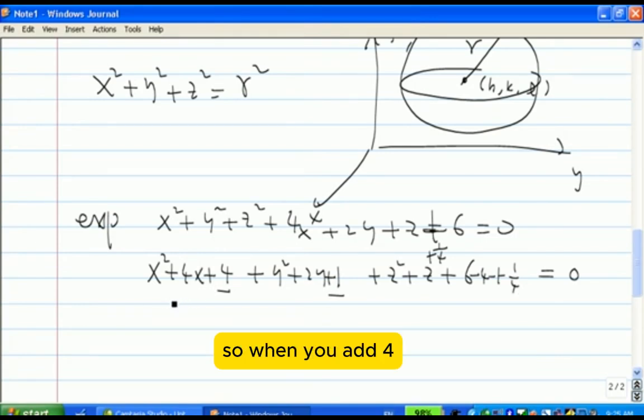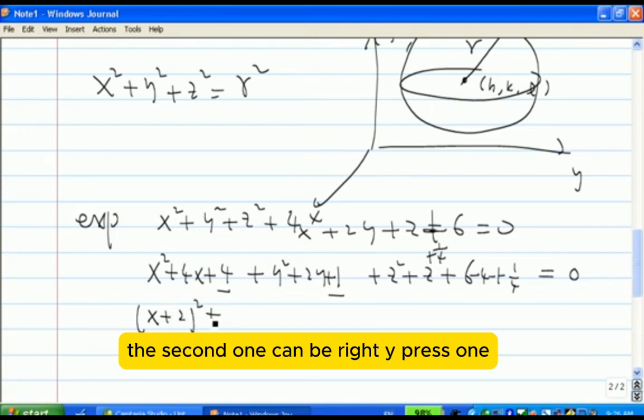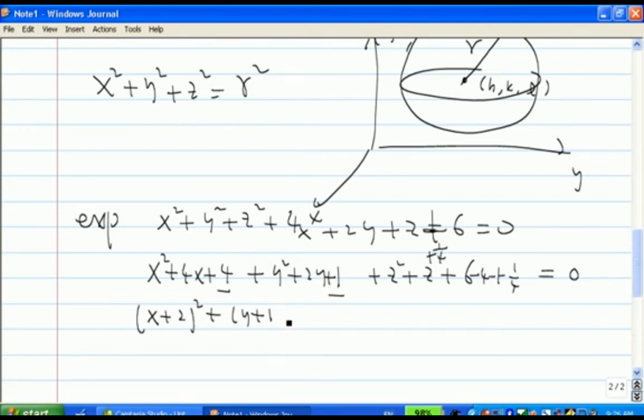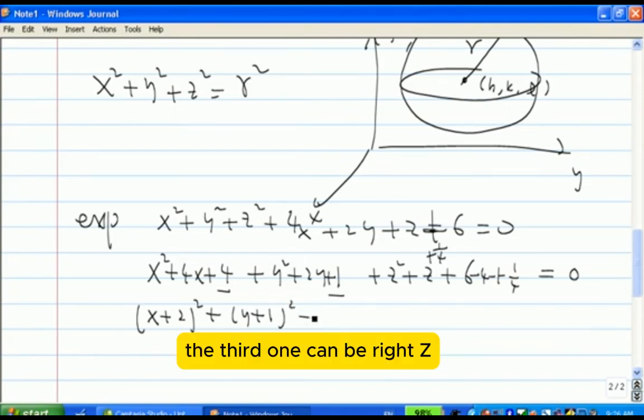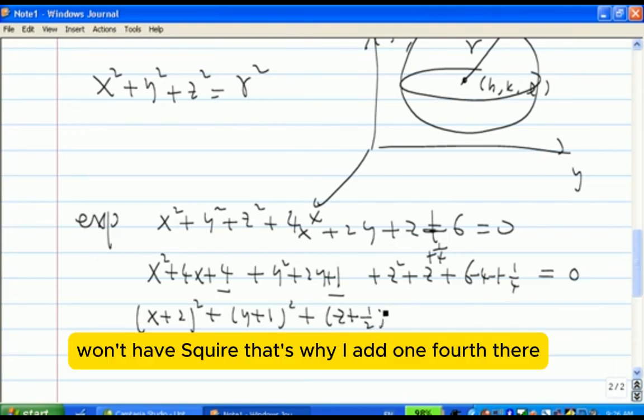So when you add 4, the first term can be written x plus 2 squared. The second one can be written y plus 1 squared, right? The third one can be written z plus 1/2 squared.